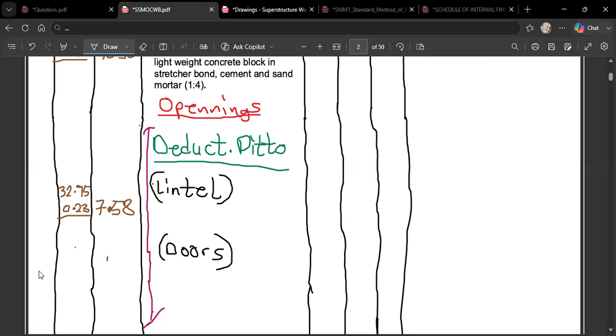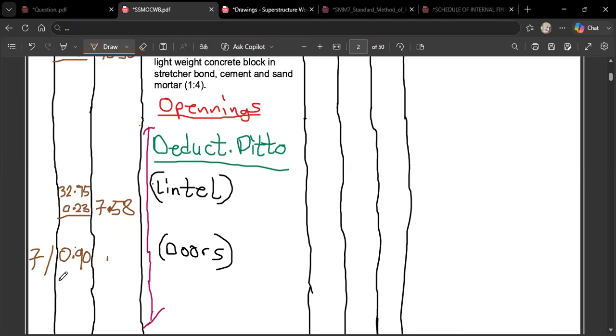So it becomes 7 times what? 7 times 0.90. Their length is 900. 900 divided by 1000 is 0.90. Okay, 0.90 times the height 7 feet.